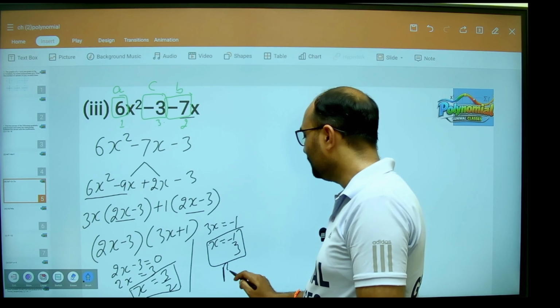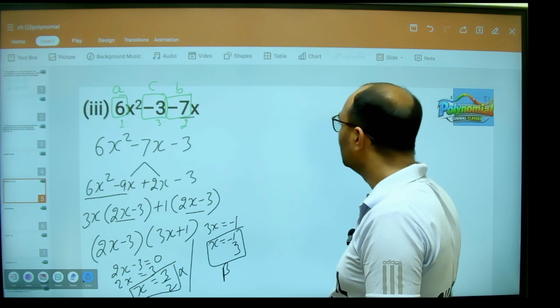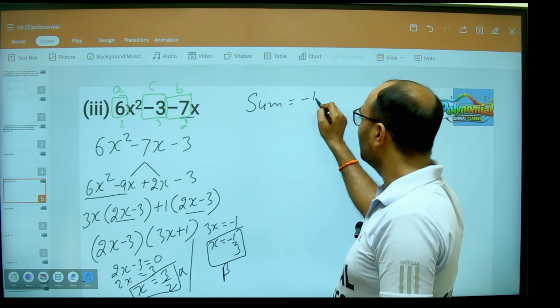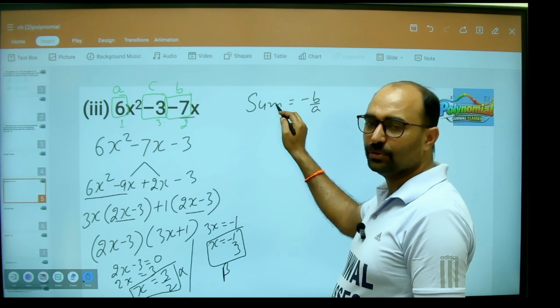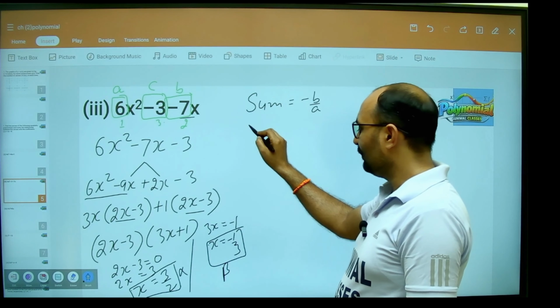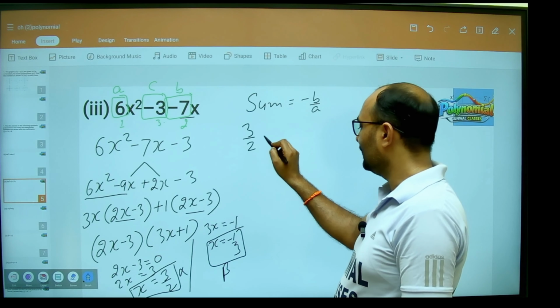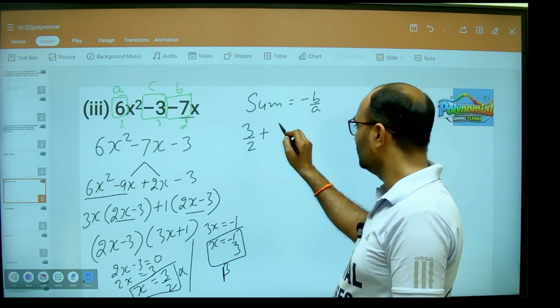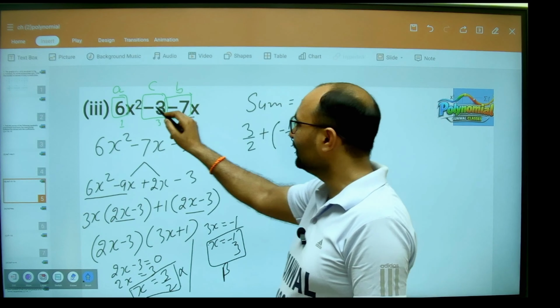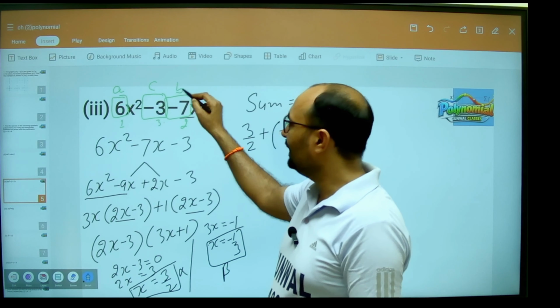I am assuming this as beta and this as alpha. Sum of zeros is equal to minus b upon a. So alpha plus beta is equal to minus b. Minus is already here and b is minus 7.